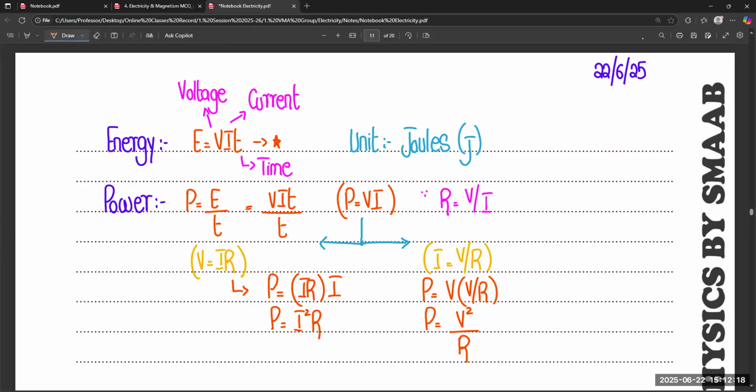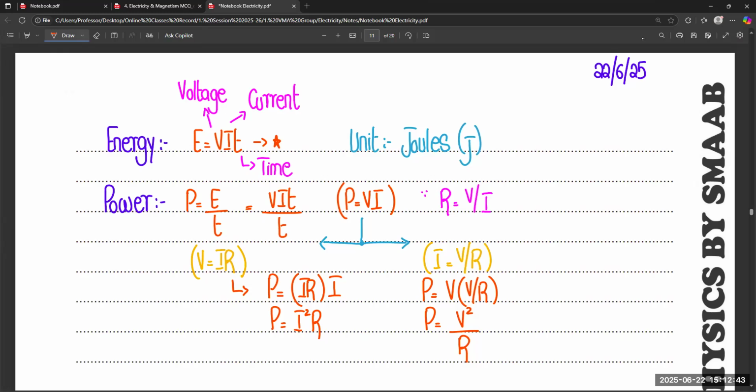So we can use P is equals to VI. We can use P is equals to I square R. We can use P is equals to V square upon R. So depending upon the situation in the question, depending upon the quantities given in the question, we can use the formula of the power, right? It is not compulsory that we always apply P is equals to VI.